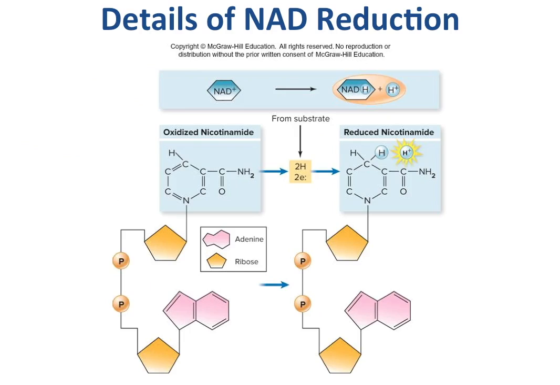As we can see in this diagram, NAD can accept one electron from hydrogen.